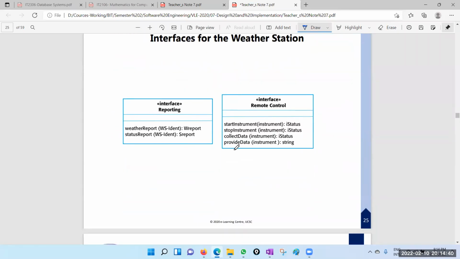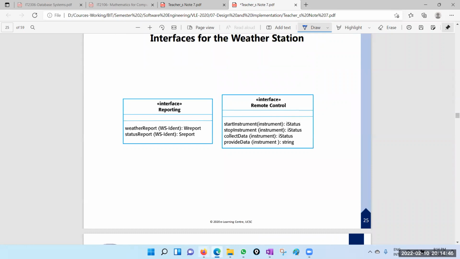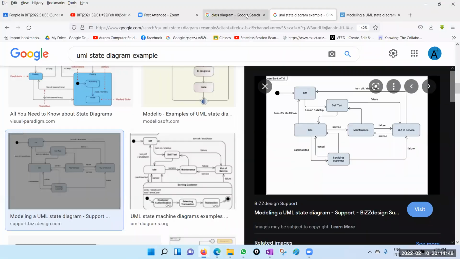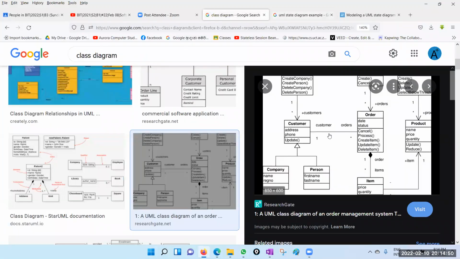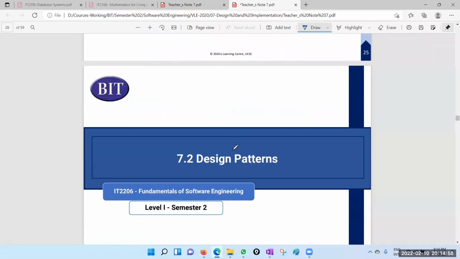So this is pretty much a scaled down class diagram. Unfortunately, they have not given a class diagram, but I showed you what a class diagram looks like. It can have association, inheritance, and composition, no aggregations. Now we are moving to the more advanced concepts.